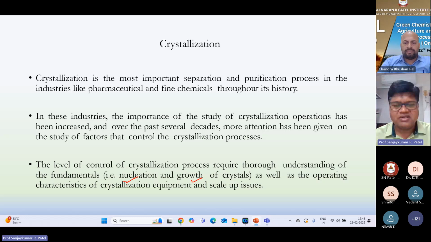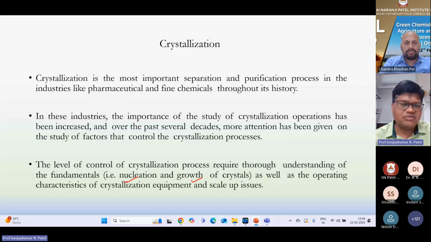So the importance of crystallization nowadays, particularly in the pharmaceutical industry, has drastically increased, because this process has good control on the product properties.